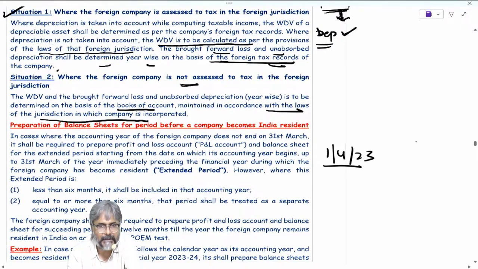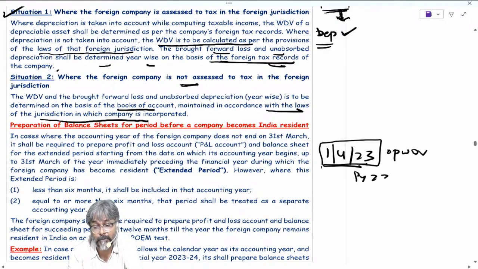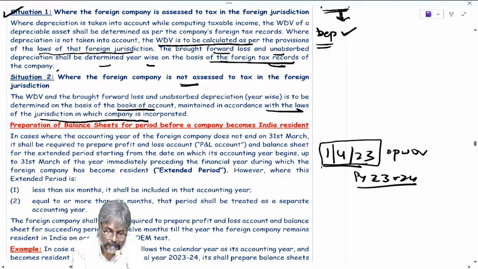Say 1st April 2023, I require the opening WDV for the previous year 23-24, isn't it?